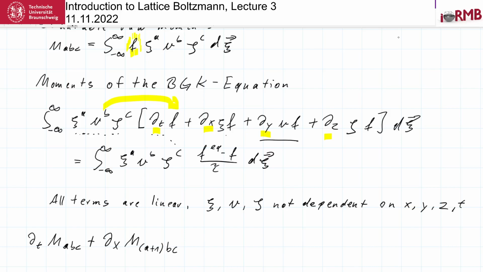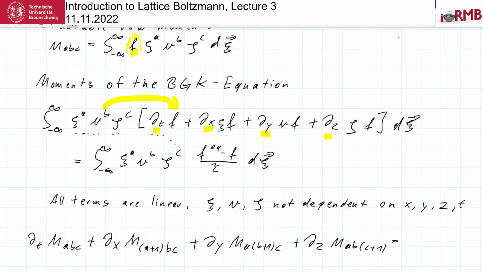This goes on with the next term, where we have one epsilon left in addition, so we have d_y m_a(b+1)c. For the last term on the left-hand side, we have an additional zeta, so we have d_z m_ab(c+1).